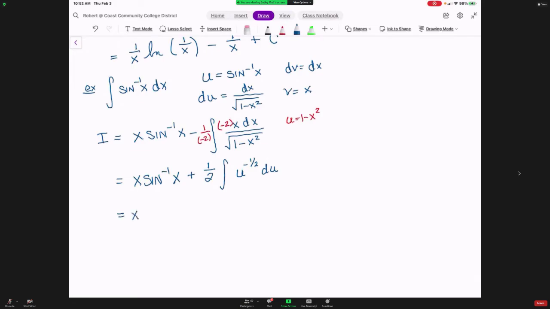So that's x sine inverse of x plus 1/2 u to the 1/2 divided by 1/2 plus a constant c.